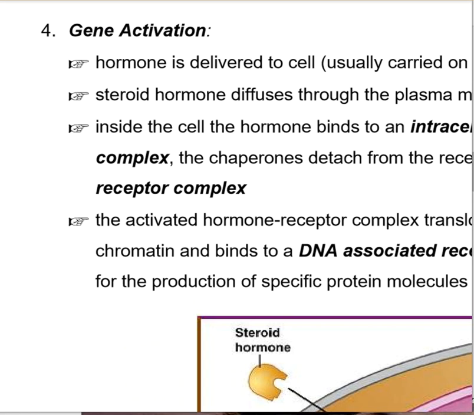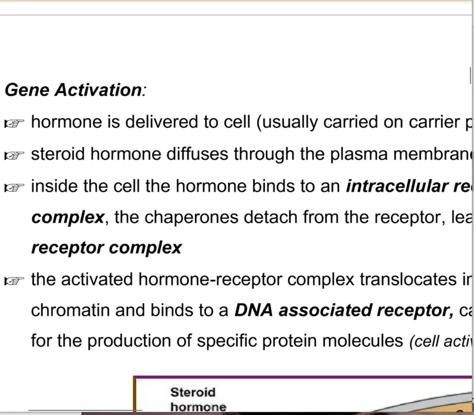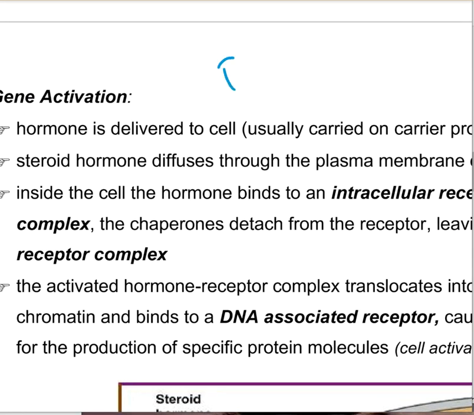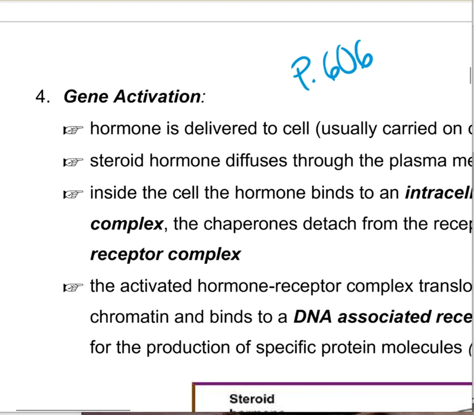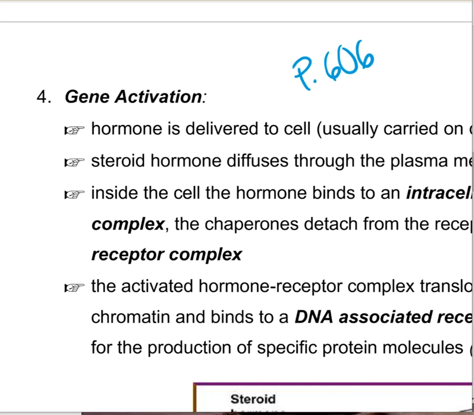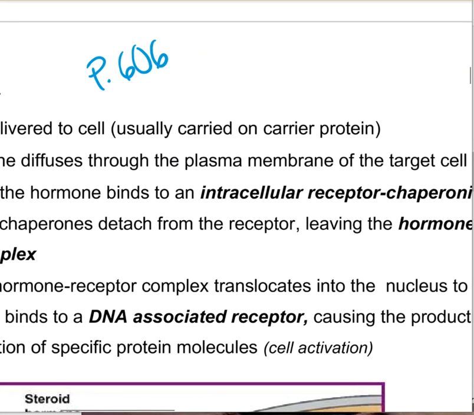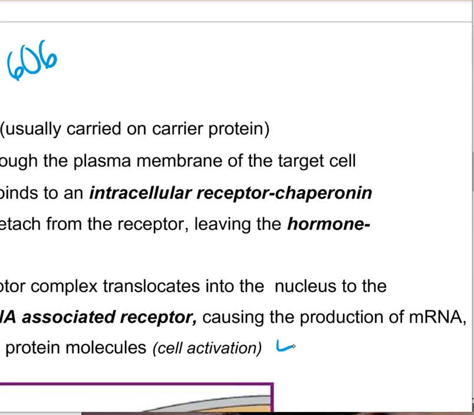Direct gene activation is on page 606. So first let's write that in, page 606. All right, so we have that, and then I want to put in the steps that we see there. So there's 1, 2, 3, and then I'm going to put in one more step way over here, 4.